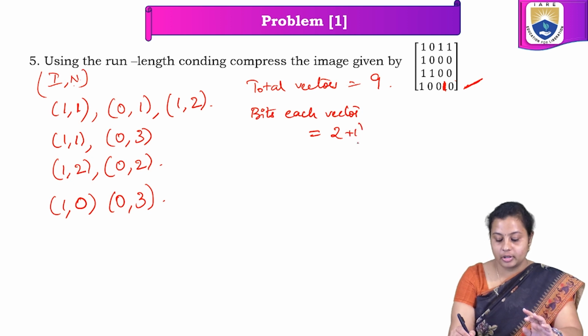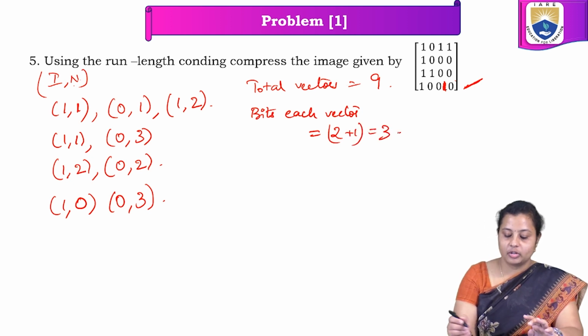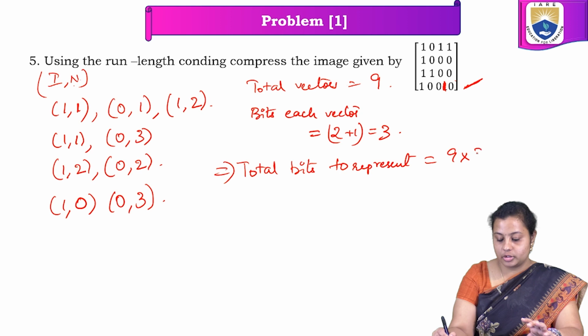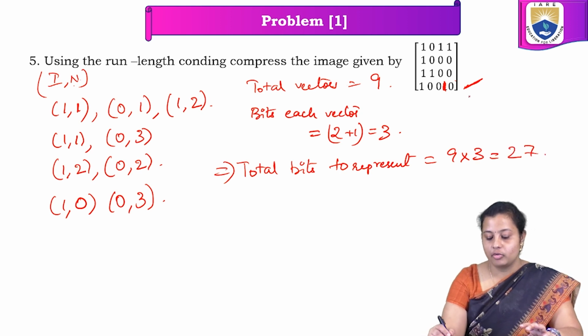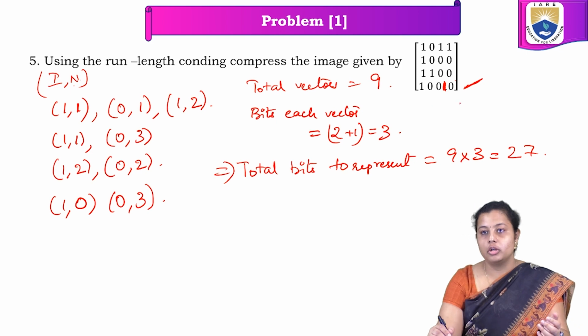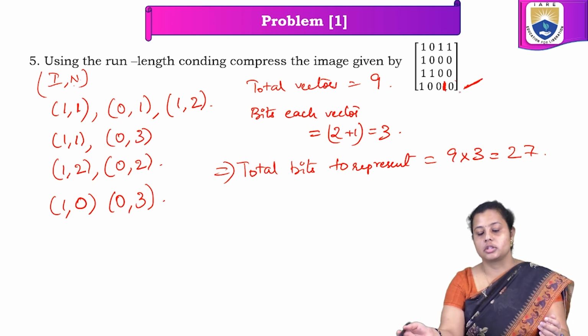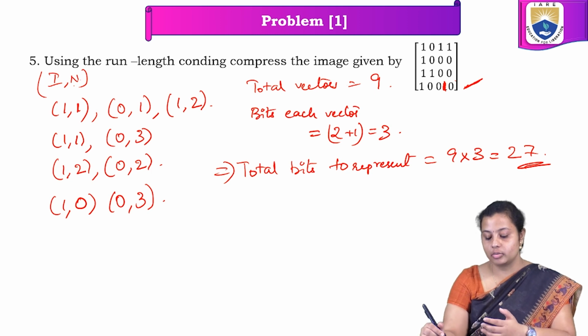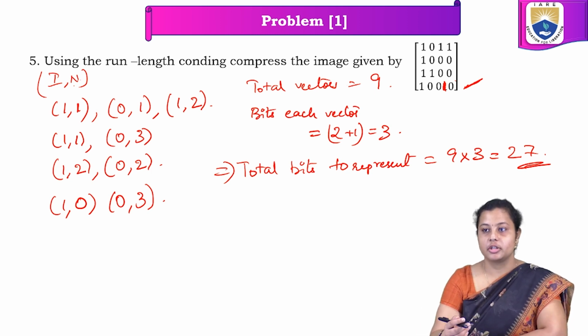I require 1. So I require 3 bits per vector. So the total number of bits to represent the image is 9 into 3, which is equal to 27. Originally here I have 4 into 4, which is equal to 16. So this is how I can apply the run length coding technique to achieve image compression.